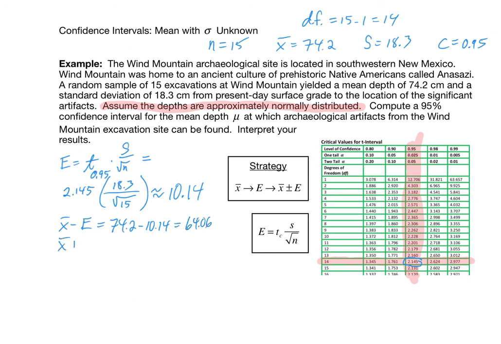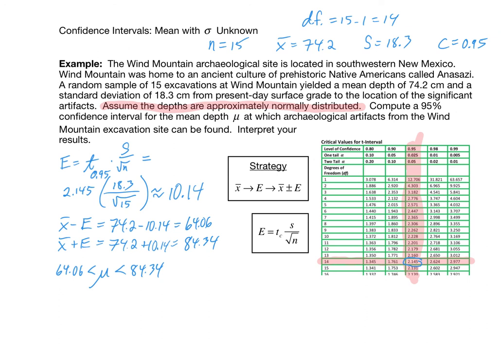And then x bar plus E is equal to 74.2 plus 10.14, which is equal to 84.34. These are the ends of our confidence interval for mu. So our confidence interval is 64.06 is less than mu, which is less than 84.34. Read differently, the confidence interval for mu is from 64.06 to 84.34.